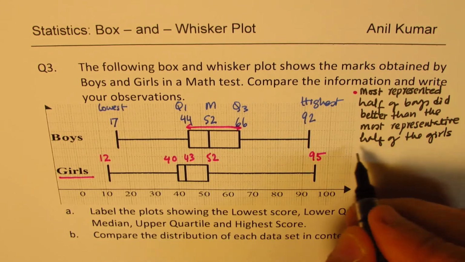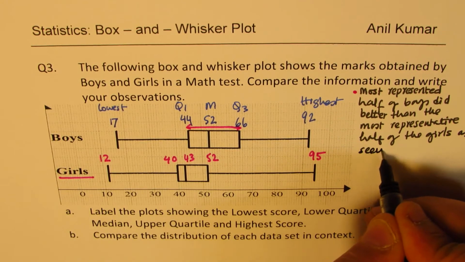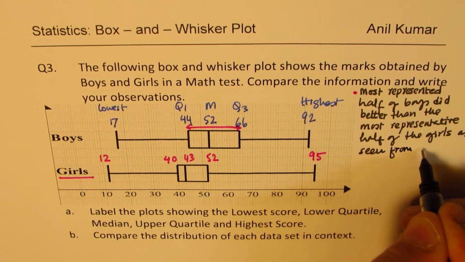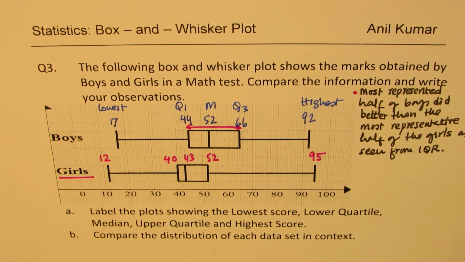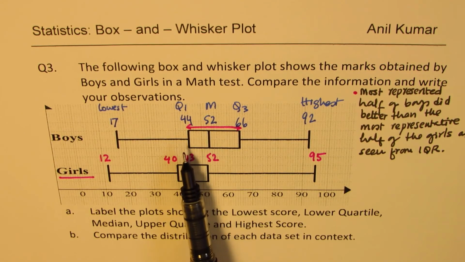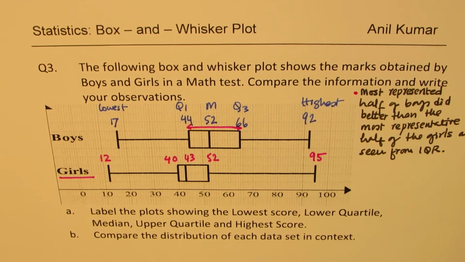So that is as seen from the interquartile range. Right? So from the interquartile range, you can clearly see that most of the boys did far better. This half did far better, and it's on the right side, right? So that is why it is far better. Correct?